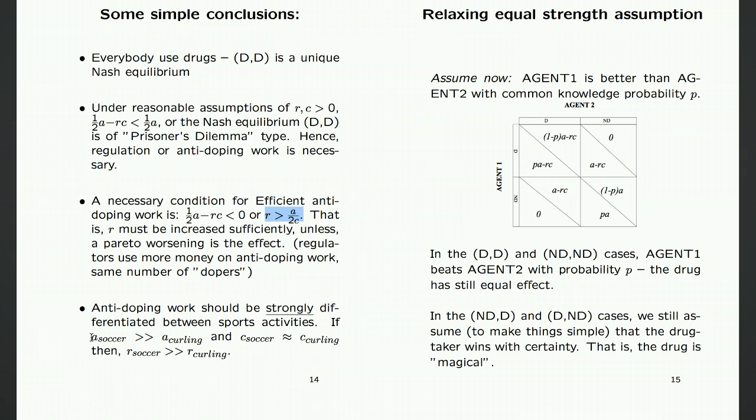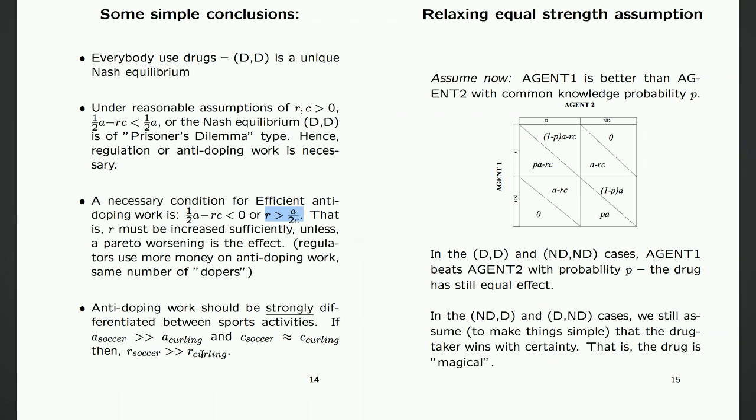If the prize in soccer is much higher than the prize in curling, which of course it is, and the punishment cost is close to the same for the two sports, which in a sense it is, the fine or the number of years to be taken out of sports is almost the same between sports here, then, of course, the consequence, given this inequality, is that R soccer must be far bigger than R curling.